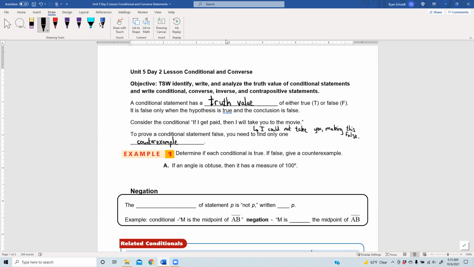So determine if each conditional is true. If it's false, give a counterexample. If an angle is obtuse, then it has a measure of 100 degrees. So the way you read this is if an angle is obtuse, it has to measure 100 degrees. No, that's going to be false.